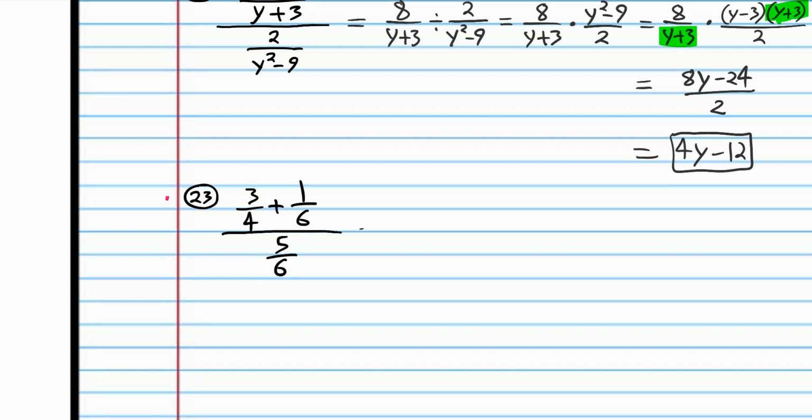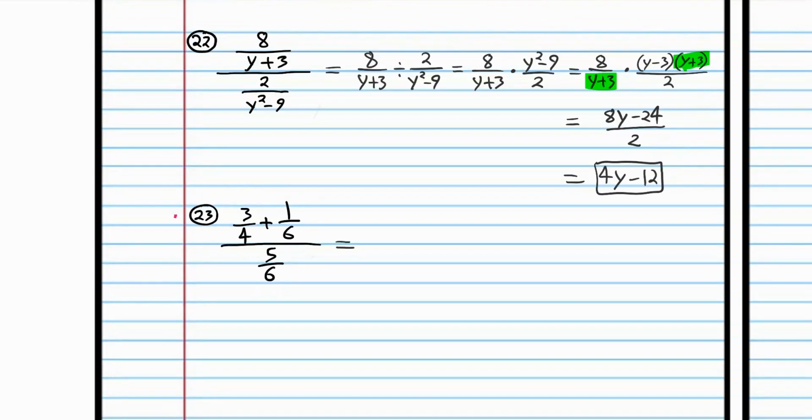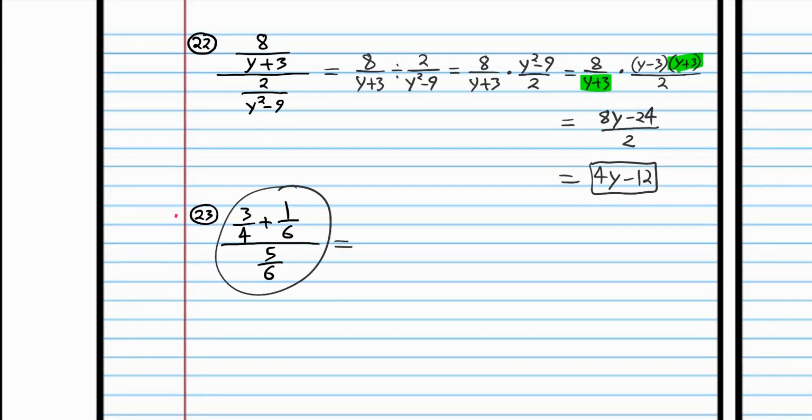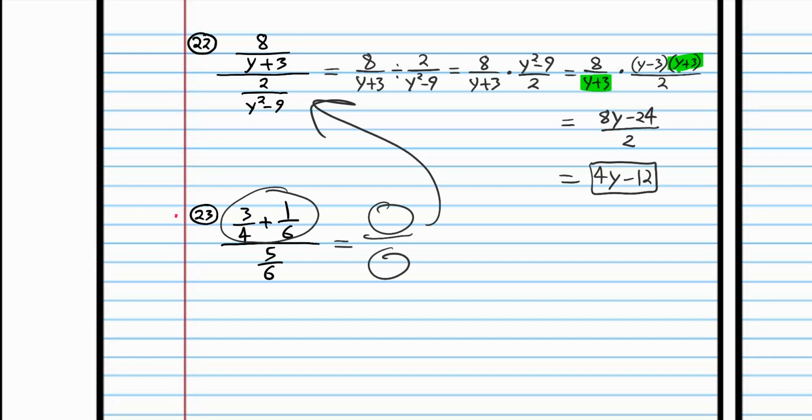So in this case, what you have to do is simplify this complex fraction so that you only have one fraction in the numerator and one fraction in the denominator. So what we're going to do is combine these fractions, and that'll give us one fraction in the numerator and one fraction in the denominator, and it just becomes the same problems that we were doing before.